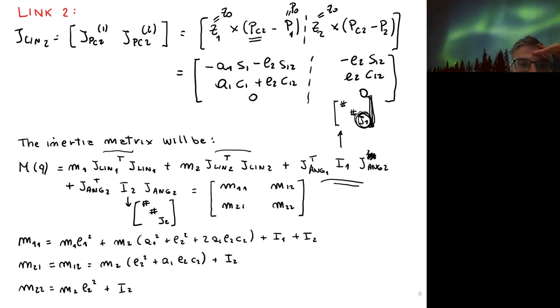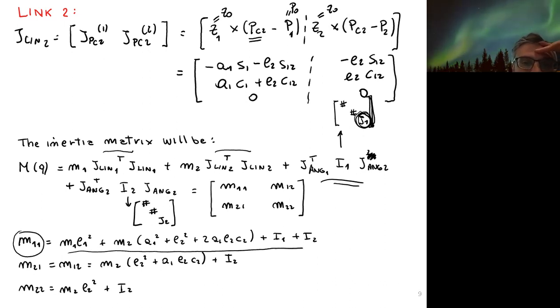You will see by yourself in a symbolic way that the result you get is something like this. So the inertia matrix will have an M11 term, which is this, and you see that we have both the inertia of the first link and of the second link, plus the mass of the first link and the mass of the second link.